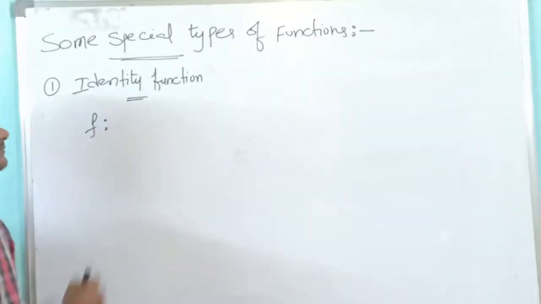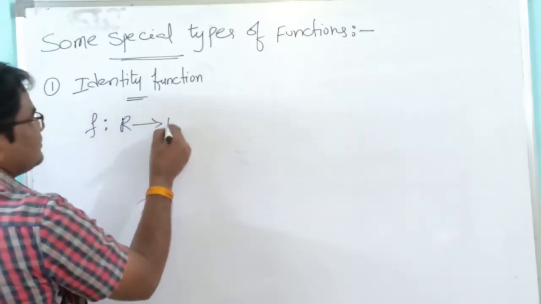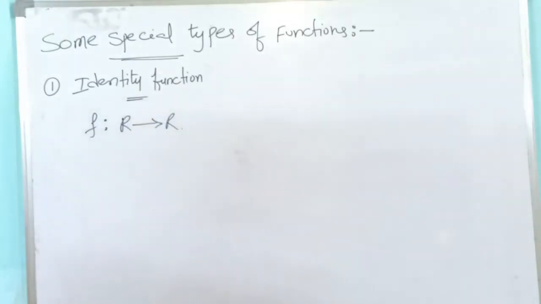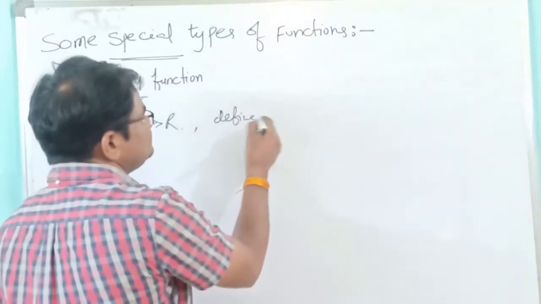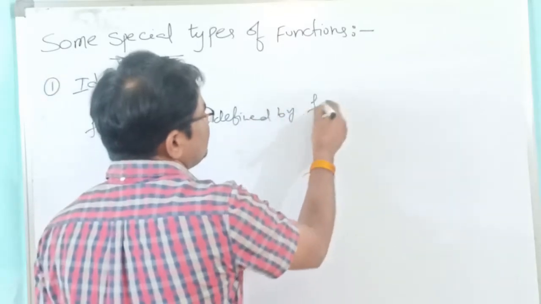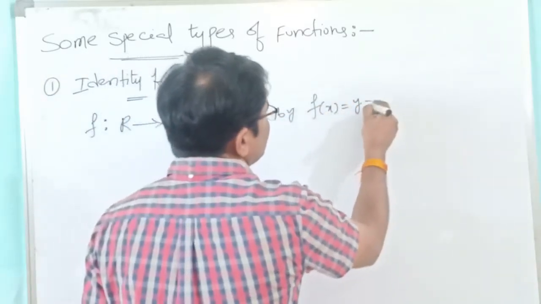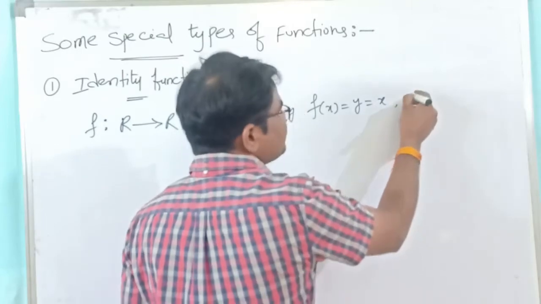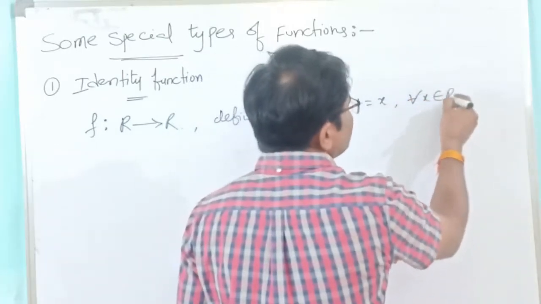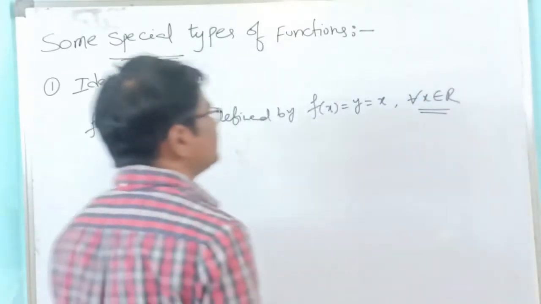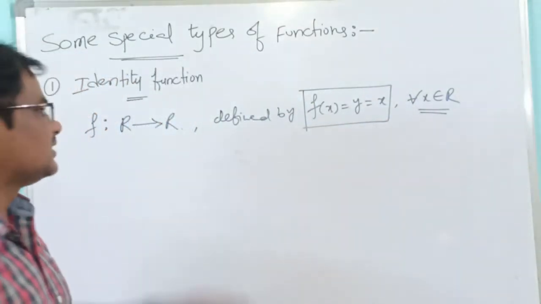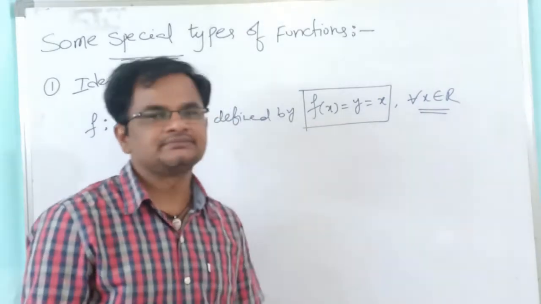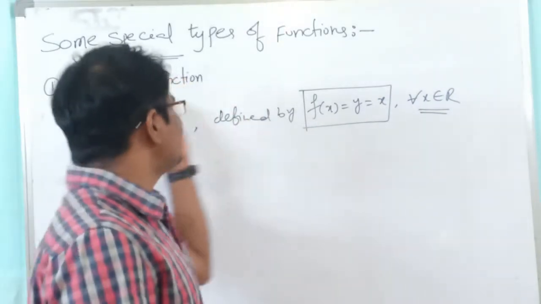If a function which is mapping from R to R is defined by f of x equal to x, or y equal to x, for all x belongs to a real number, then this function is called the identity function.